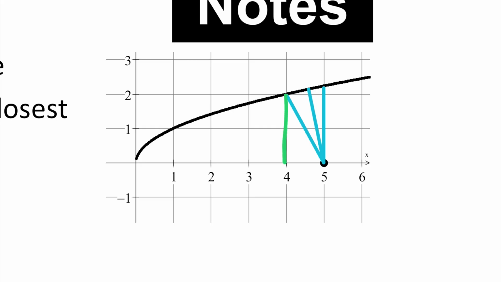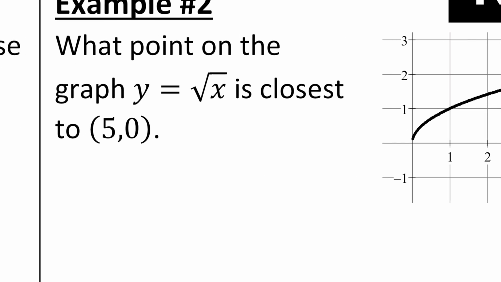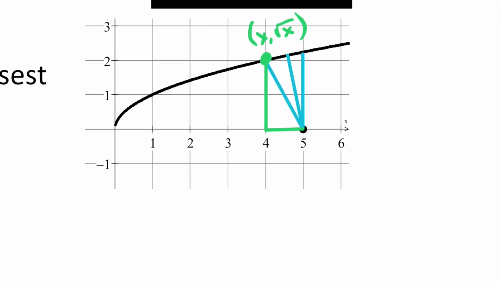If we were to look at the distance formula, it would probably help to tell us what's going on with this. So I'm going to pick a random point on here. I'm going to call it x comma the square root of x. The reason why is that if I put in an input here, my output is equivalent to the square root of x. So I do know that that is a location, and if I want another location using the Pythagorean theorem or the distance formula, this is my other one, 5-0.